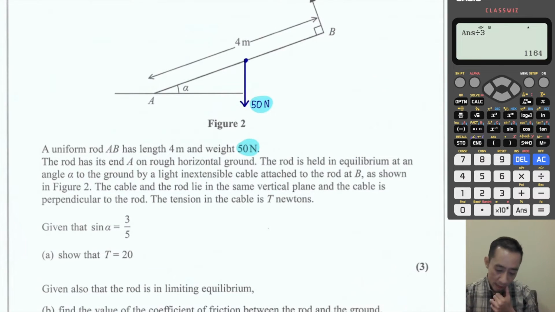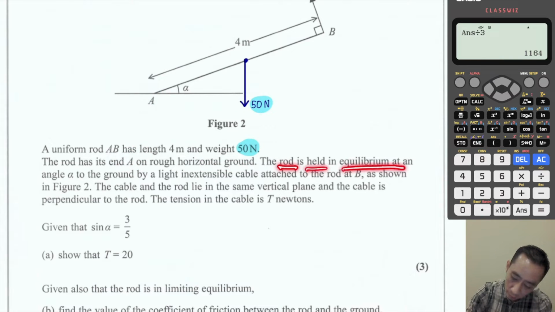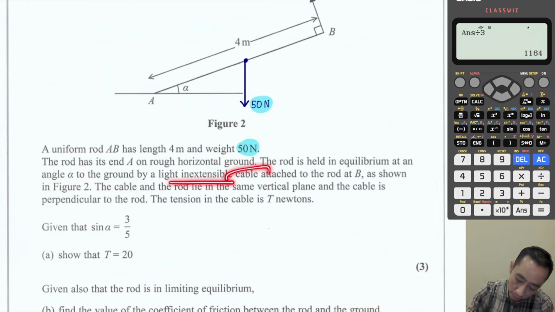The rope has its end A on the rough horizontal ground, and the rope is held at an angle alpha to the ground by a cable attached at B, shown in the diagram. So the cable and the rod lie in the same vertical plane.